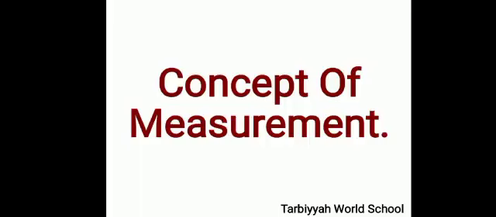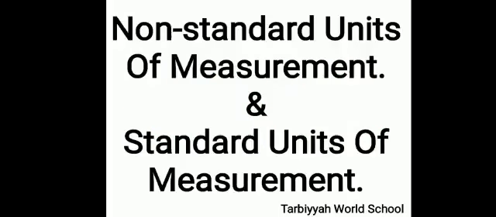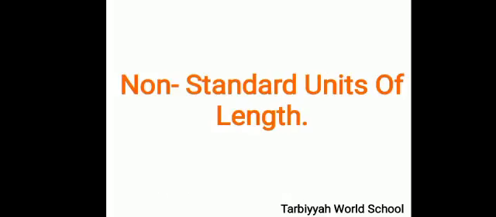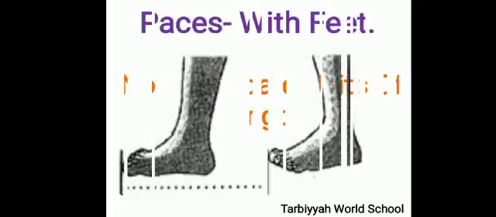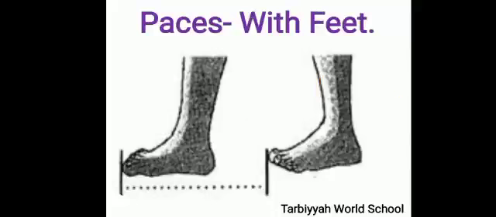Okay. See, there are non-standard units of measurement and standard units of measurement. So in previous class, you have learned about non-standard units of length. See, these are some non-standard unit of measurement. See, we measure with the different part of their bodies.